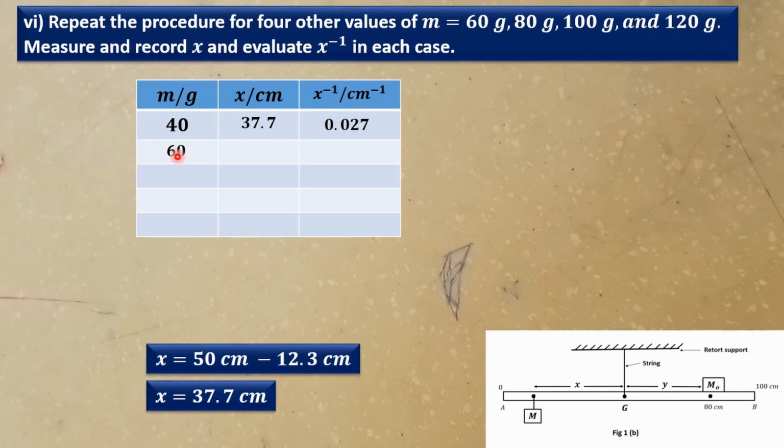So we change the mass to 60 grams, balance the meter rule horizontally, determine x, find x inverse, repeat the same thing for masses of 80 grams, 100 grams, 120 grams, and then tabulate the results.